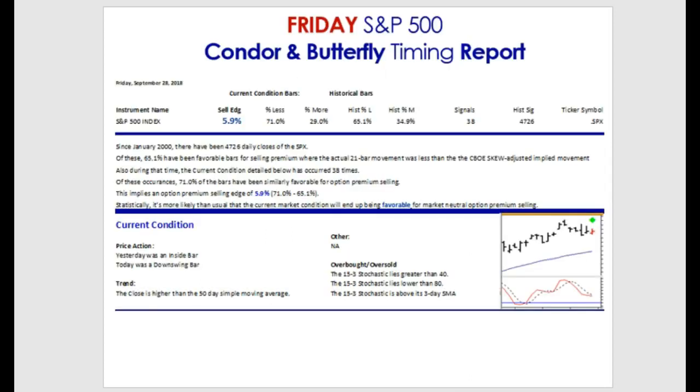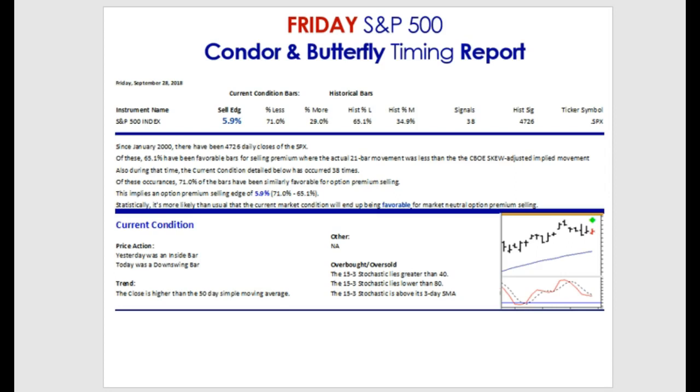So we go first to the Condor and butterfly timing report for those of you that like to sell options premium in more of a market neutral approach. So since Jan of 2000, we've had roughly 4,726 closes of the S&P 500.